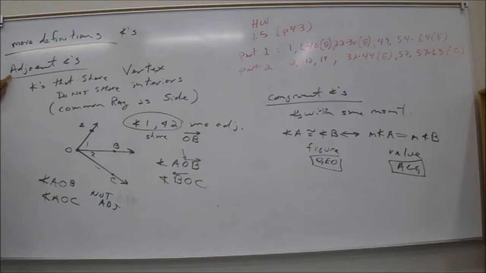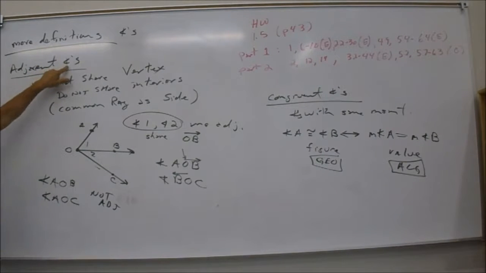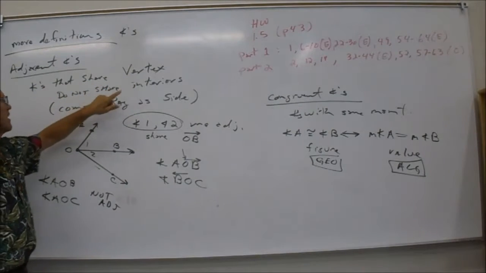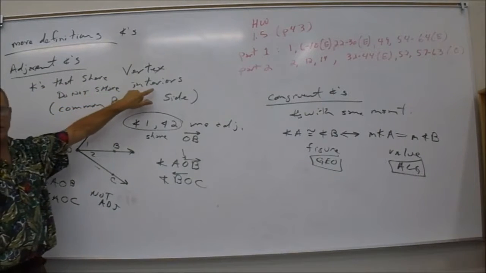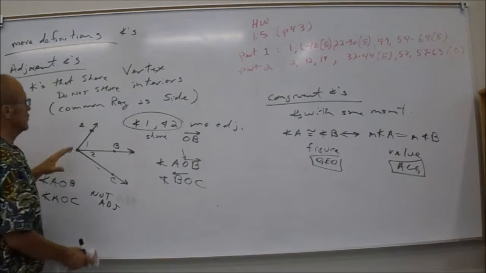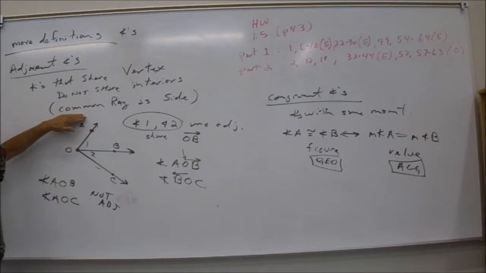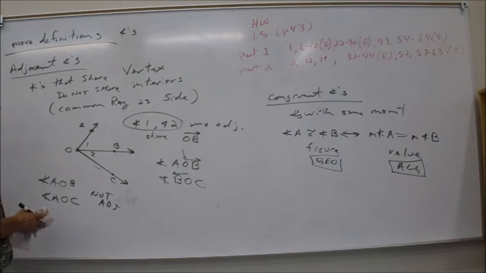The first definition is what is an adjacent angle. Adjacent angles are angles that share a vertex, but they do not share interiors. When you show this, you would say that the angles have a common ray as a side.